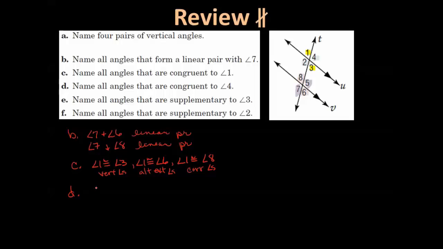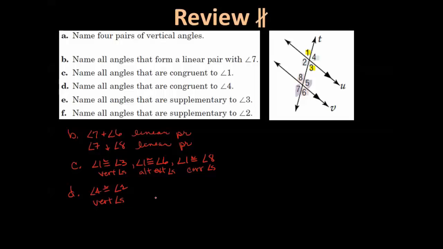Part D says name all the angles that are congruent to angle 4. Well, you're going to go through the same process. Of course, angle 4 is going to be congruent to angle 2. Those are vertical angles.